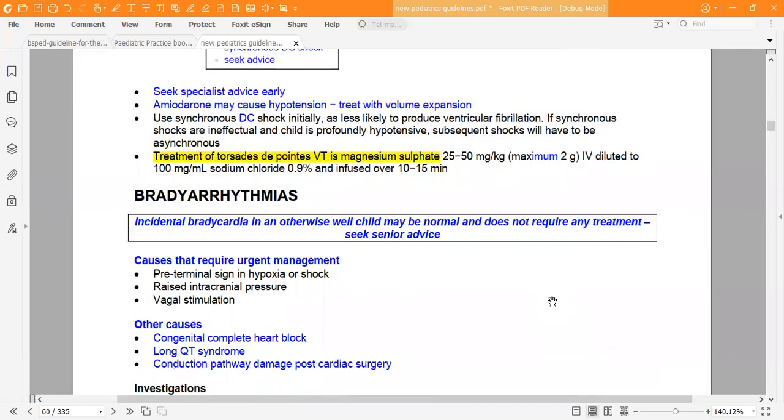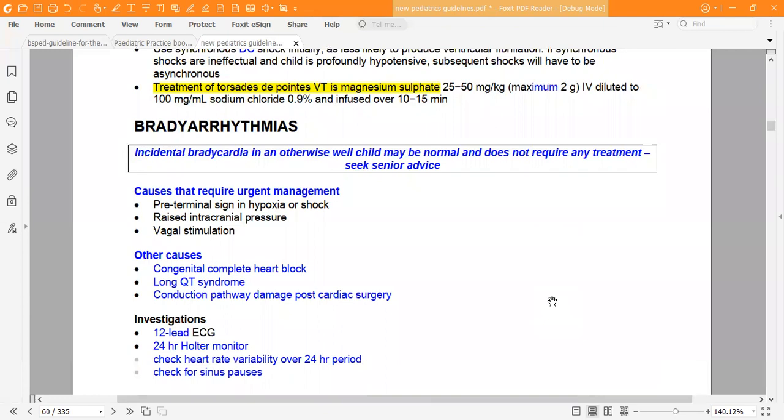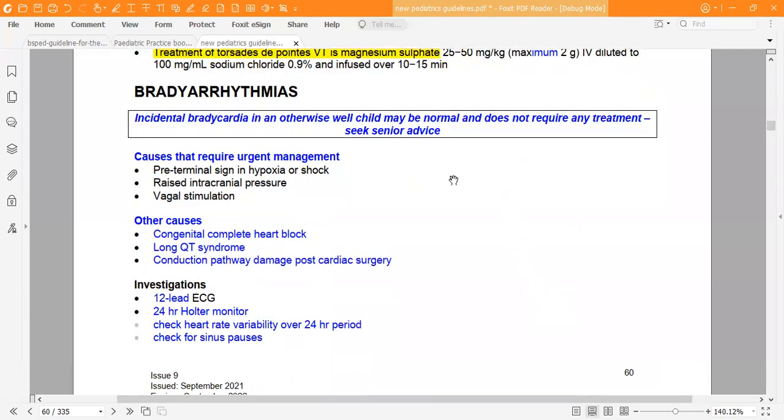Okay, bradyarrhythmia. Incidental bradyarrhythmia in an otherwise well child may be normal and doesn't require any treatment. Seek senior advice. Okay, causes that require urgent management: pre-terminal sign in hypoxia or shock, raised intracranial pressure, vagal stimulation.